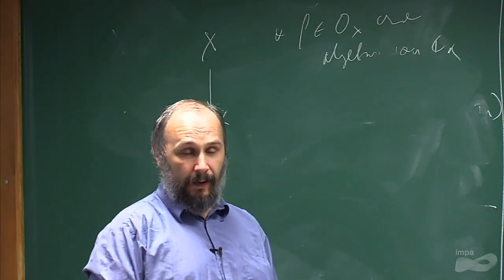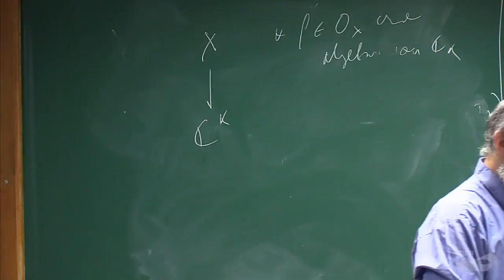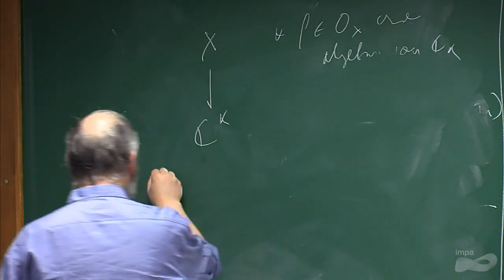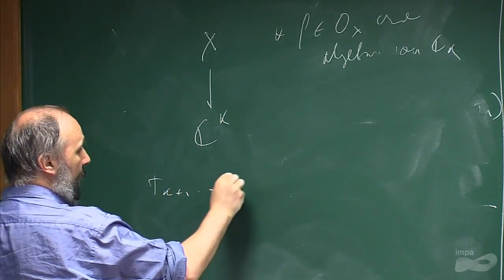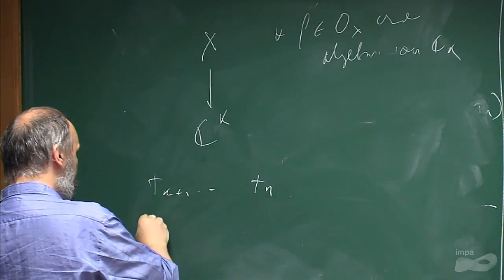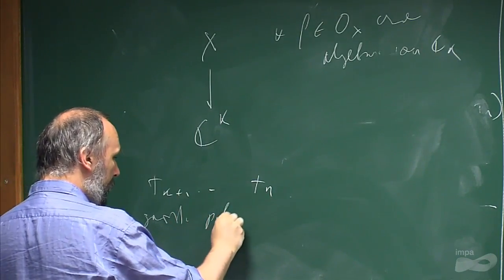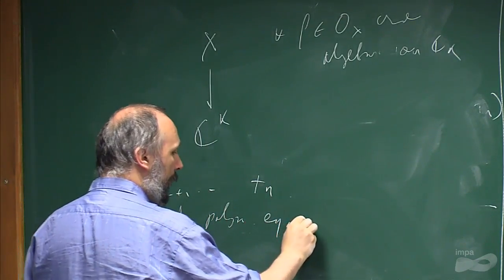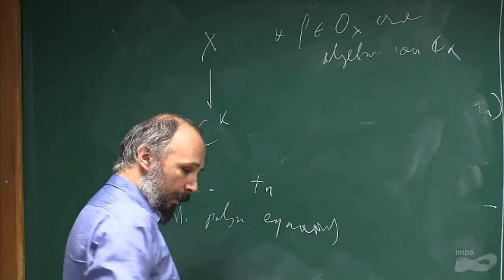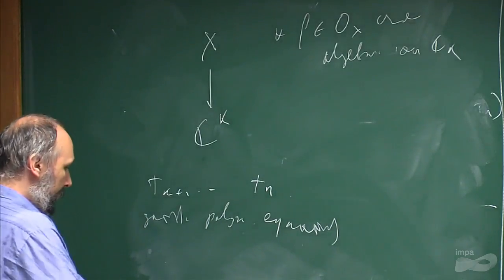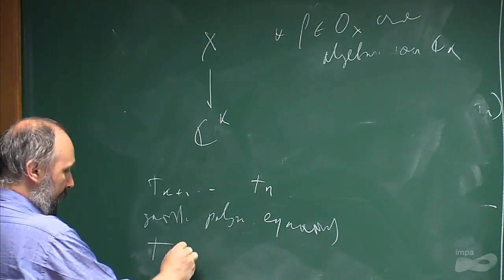And this means that they satisfy polynomial equations. So Tk+1 and so on, up to Tn, satisfy polynomial equations. Let's, for instance, take Tn.